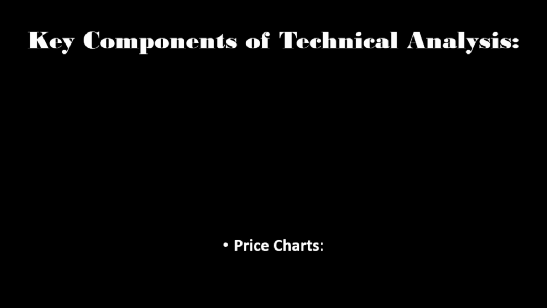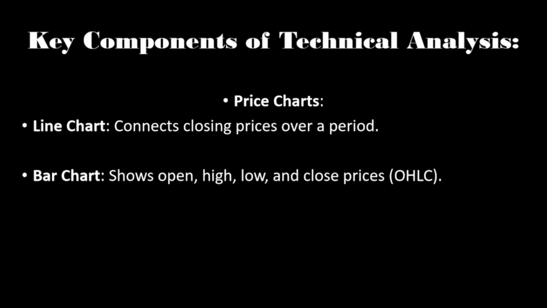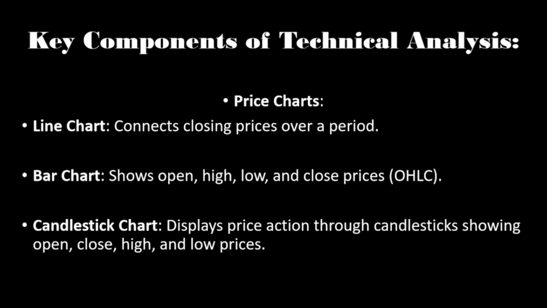Key components of technical analysis: price charts. Line charts connect the closing prices over a period. Bar charts show open, high, low, and close prices. Candlestick charts display price action through candlesticks showing open, close, high, and low prices.